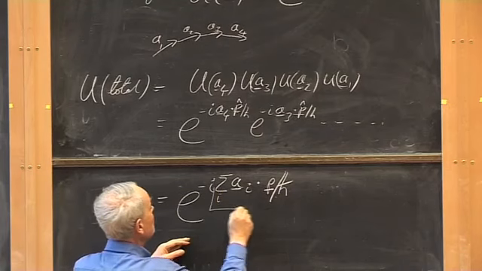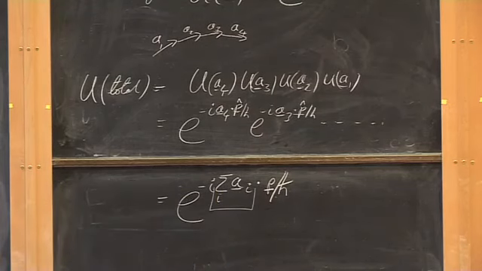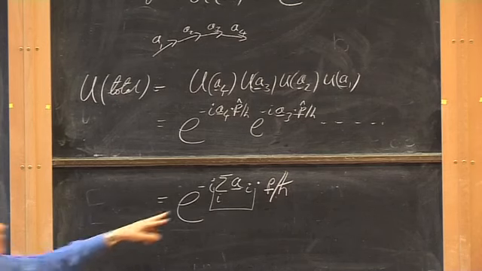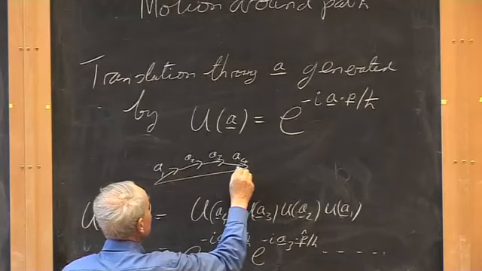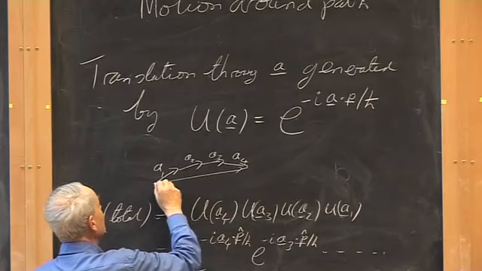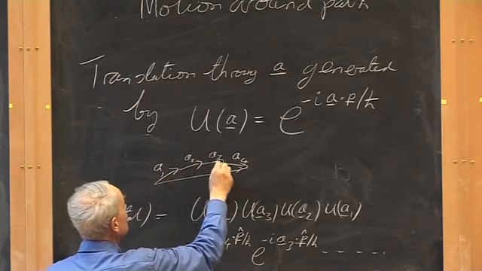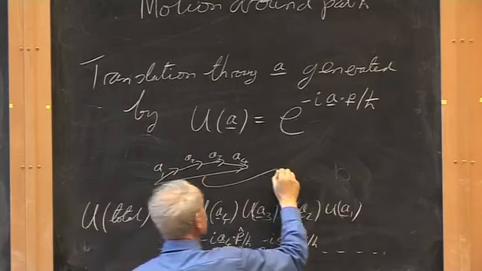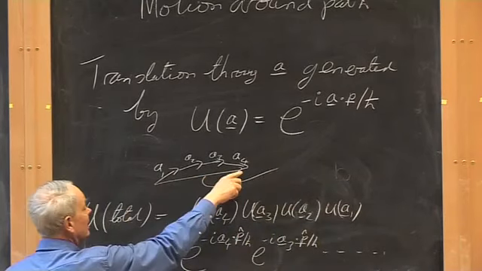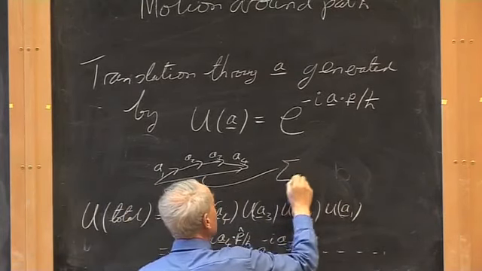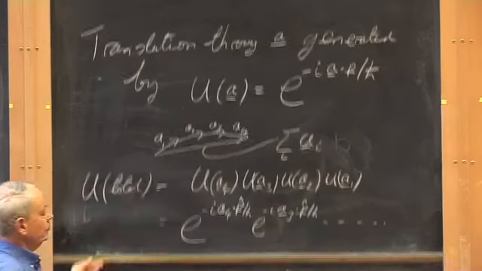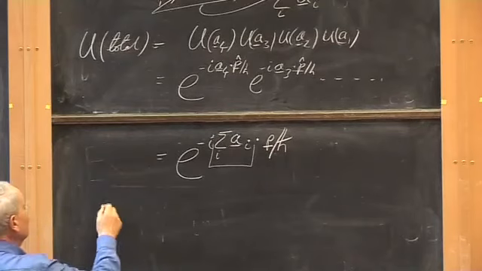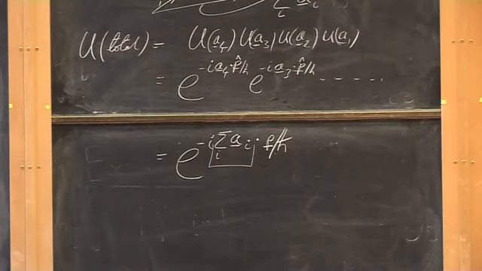It's an operator of exactly the original form, where the displacement is simply the sum of them. So the result of taking it this way and this way and this way and this way, we've just shown, is the same as the result of just taking it in a straight line over the sum of the A_i. So that's a general argument.